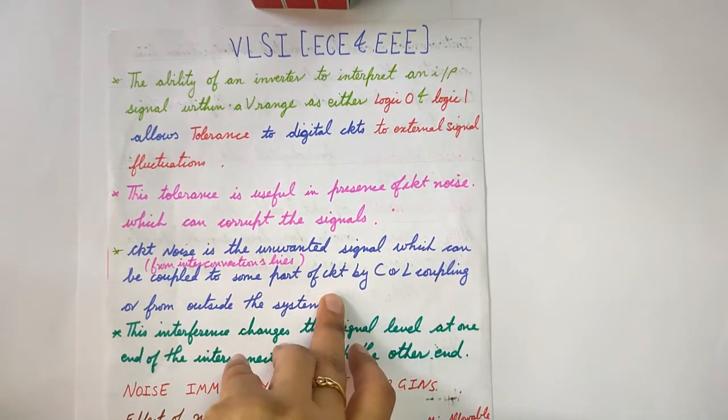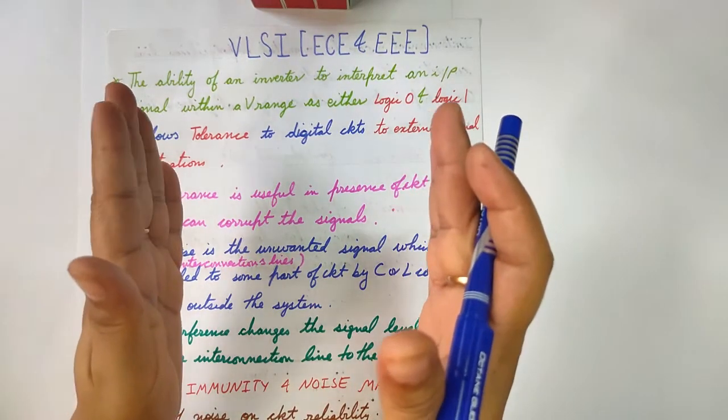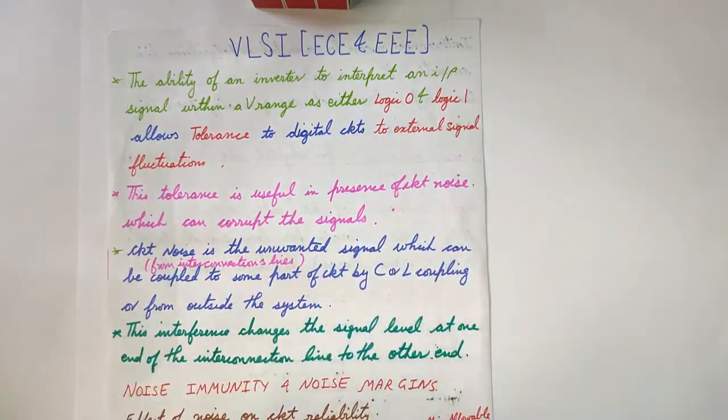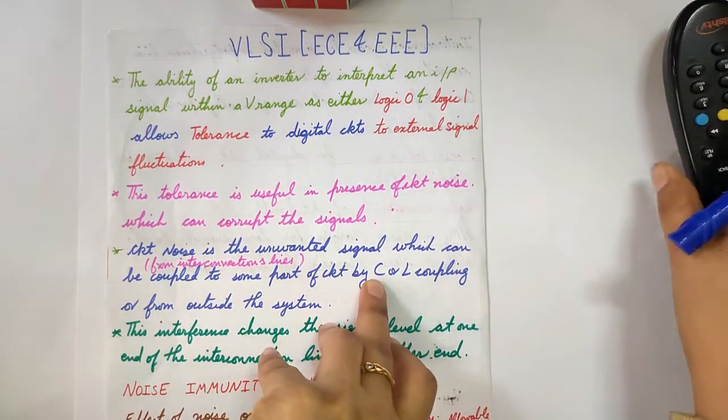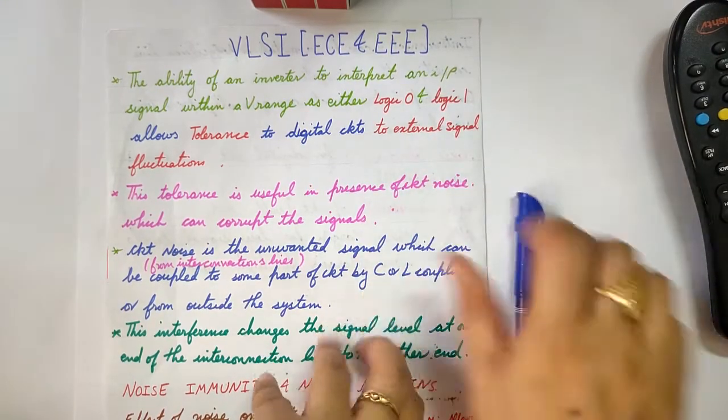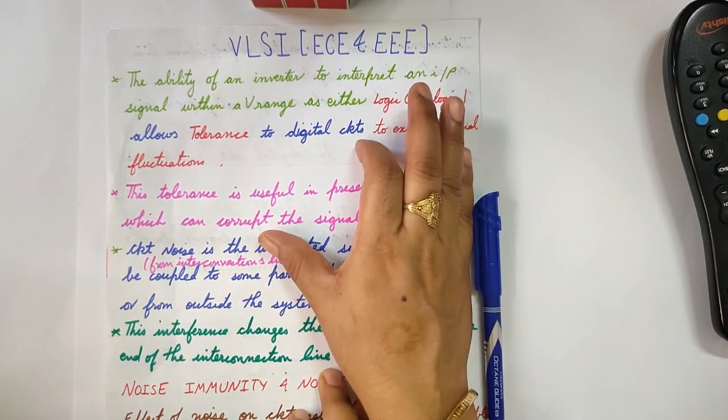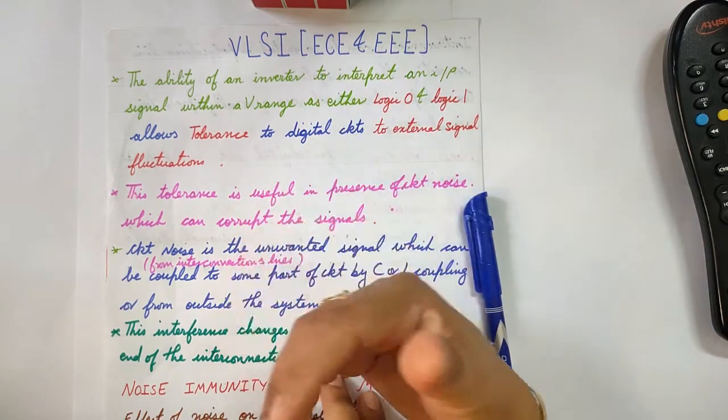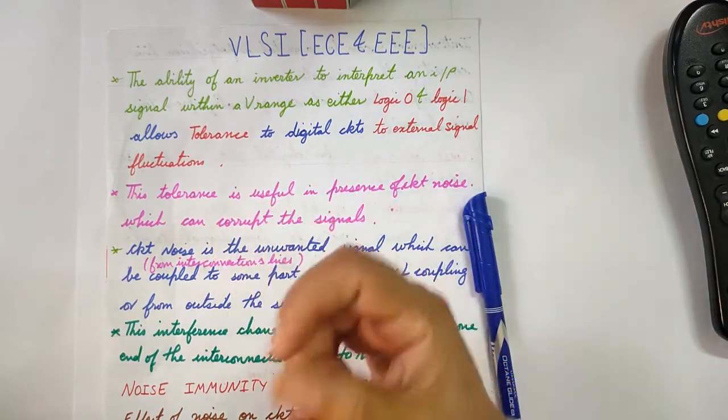So when you give some range to anything, it means you are providing some kind of tolerance. If the signal lies in that particular range, it will be treated as logic 0 or 1. It means you are increasing the detection capability of that particular circuit.